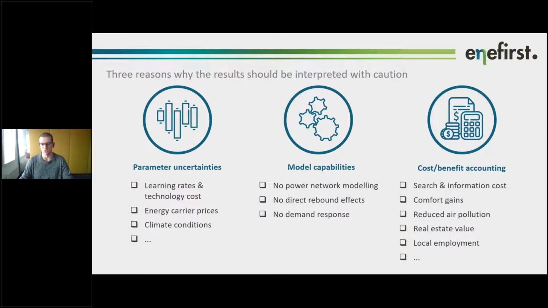We also did not take into account these aspects that are constantly referred to as multiple impacts in the efficiency first debate, including comfort gains, reduced air pollution, increased real estate value, and local employment. If all of these aspects were taken into account, this could possibly shift the outcomes of the economic analysis.